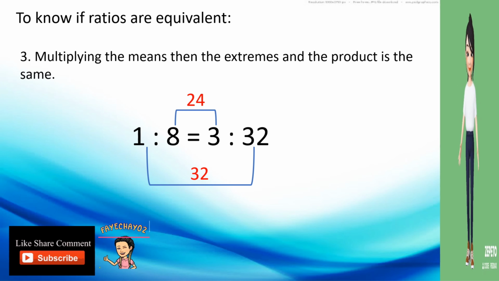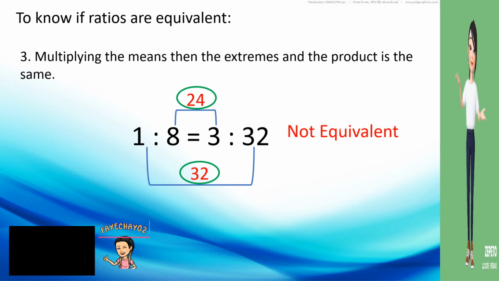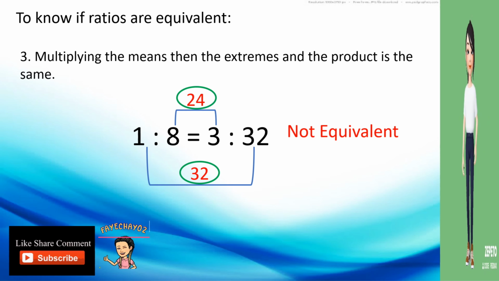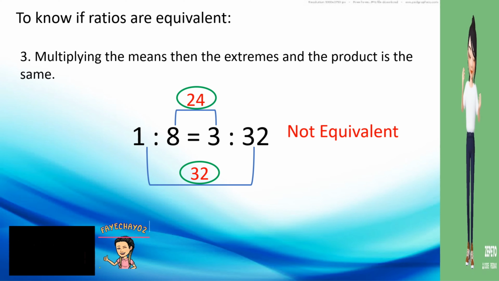As you can see, the product of the means and the product of the extremes are not equal. Therefore, 1:8 is not an equivalent ratio of 3:32.